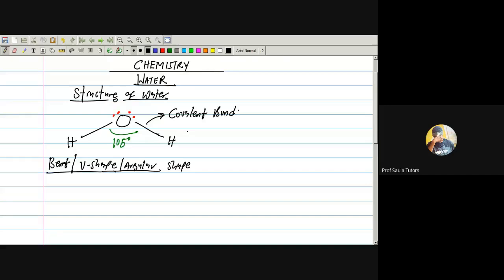But pay attention to something. You might have learned this concept called electronegativity. What's electronegativity? It's the ability of an atom to attract shared pair of electrons to itself. Let me give you an example in real life.